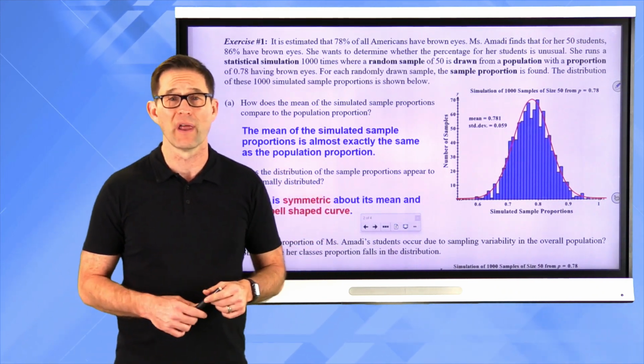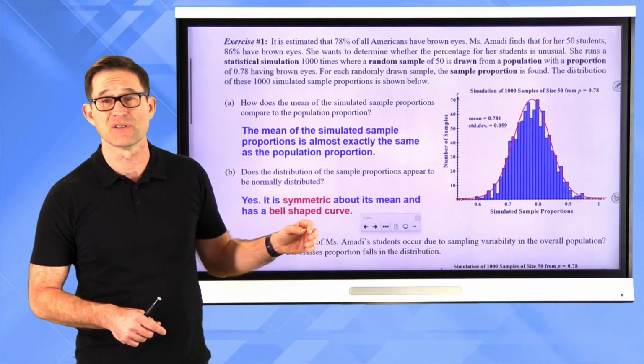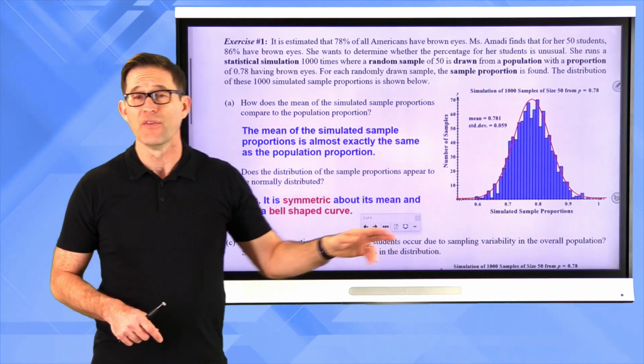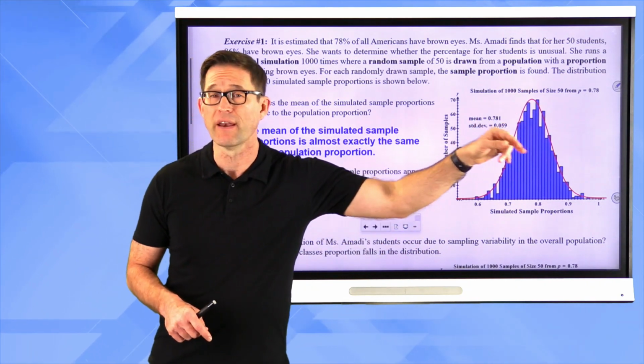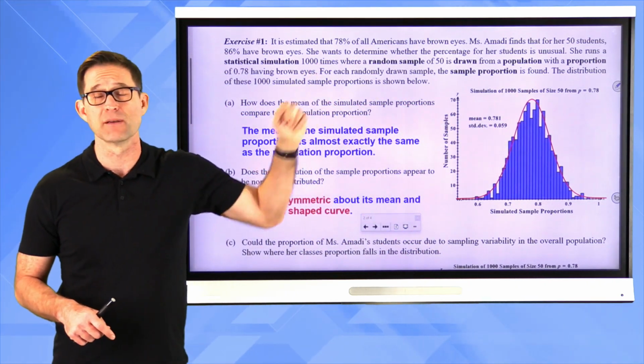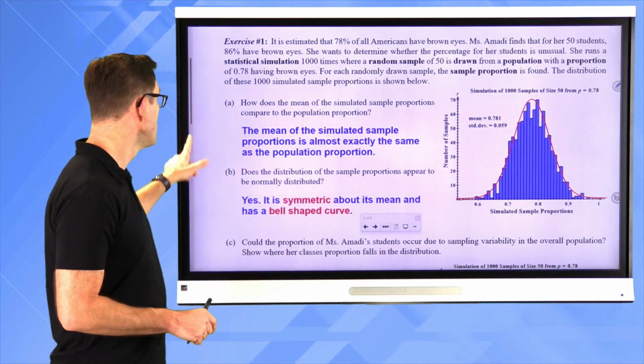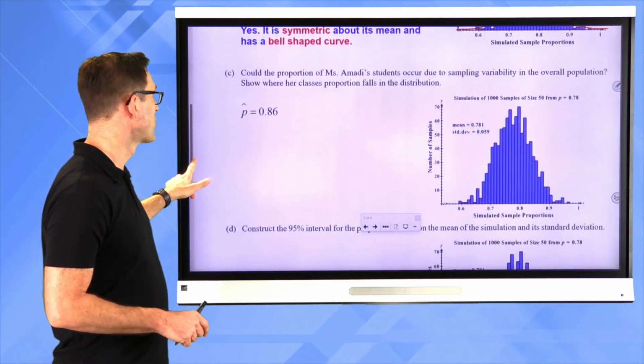Let's let it work all night. We can make it do as many simulations as we want. It would be a perfect normal distribution. The only reason it doesn't look perfect right now is because I only did 1,000 simulations instead of 1,000,000 or 1,000,000,000. But yeah, it's definitely a normal curve.